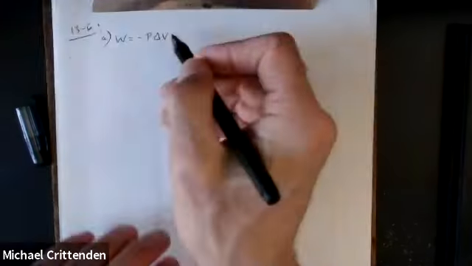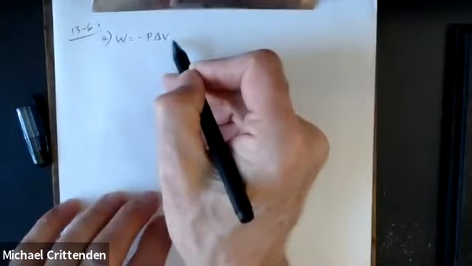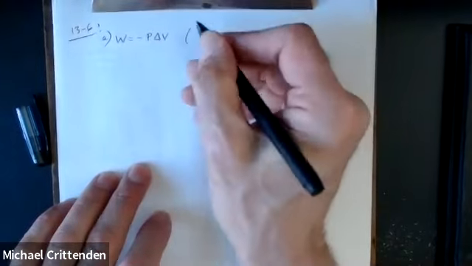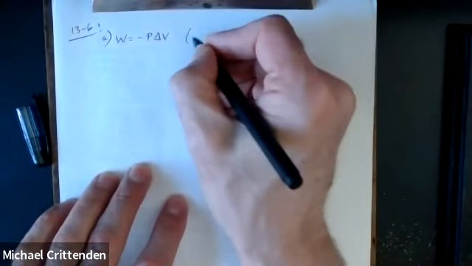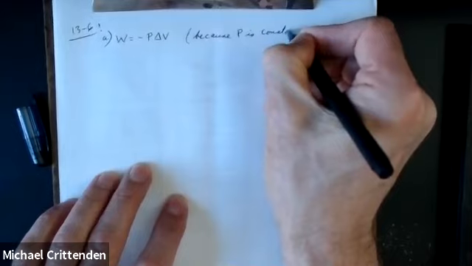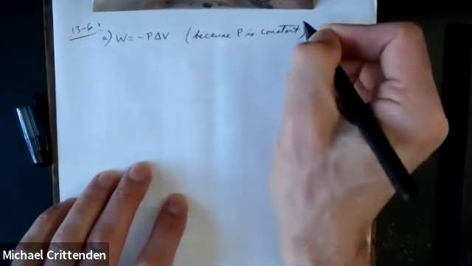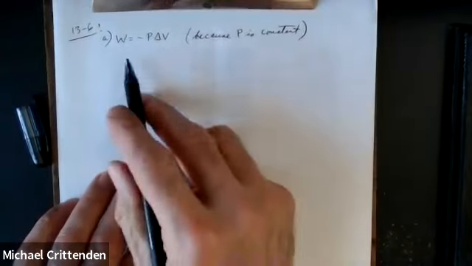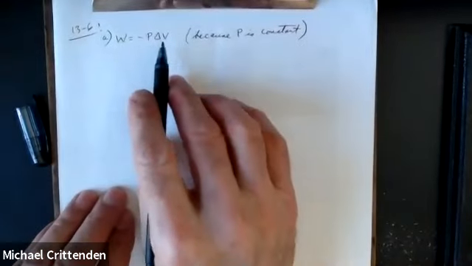Instead of a huge number of little tiny rectangles underneath your graph, you can put just one big rectangle under the graph, and that's what this would be if you drew a picture of it. Okay, so the word isobaric means constant pressure, and therefore it's just this.